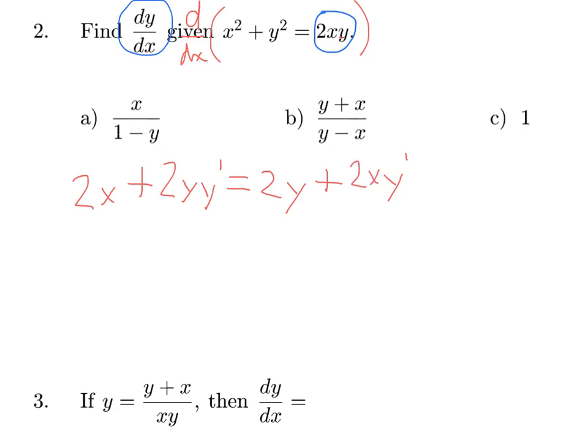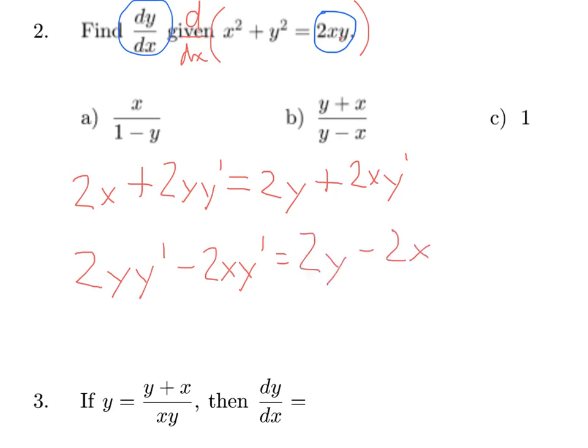Now we need to treat y prime like a variable to get it alone. It doesn't matter which side you bring your y primes to. I'm going to bring them to the left side. I've got 2y y prime minus 2x y prime equals 2y minus 2x.